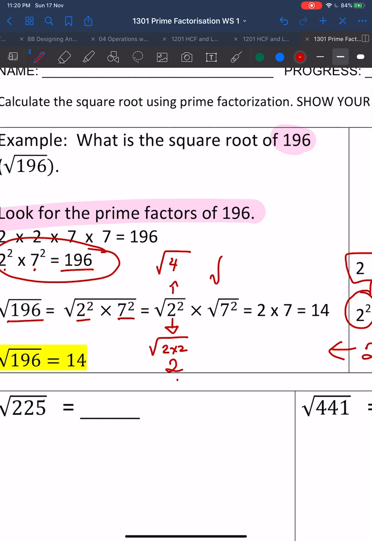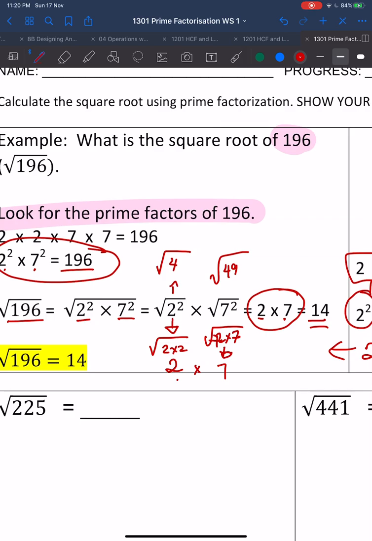Okay, 7 squared is 49, which is the same as the square root of 7 times 7. So that gives us 7. So that's why it's 2 times 7. And what is 2 times 7? It's 14. Okay? So what are we saying here?